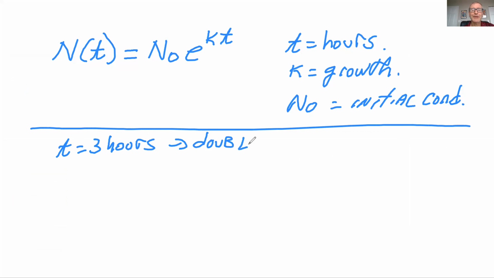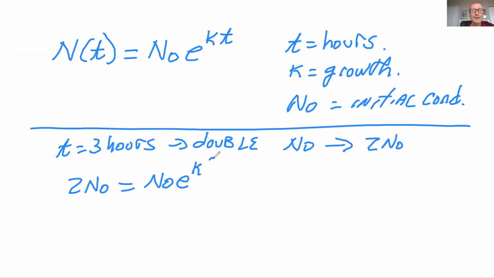So how would you think about what a double? Well, if we start N0, what happens when it doubles? It would be 2 times N0, right? So when we set up the equation, it would be 2 times N0 equals N0 e to the k, and we'll plug in 3 hours. So now we're finding the growth rate, right? And we'll just put it right there.